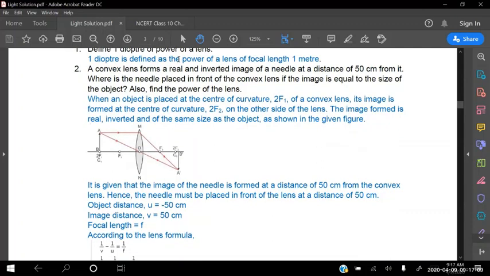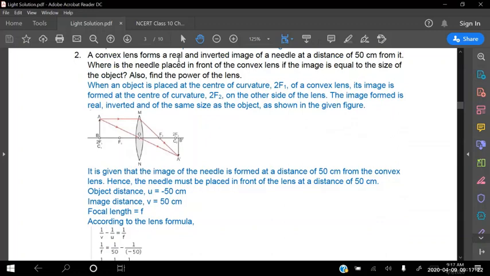So if you just see this question, the image is kept at 50 centimeter. That means 50 centimeter is the position at C, and you can see that case of C only. So what is drawn here, when an object is placed at the center of curvature, its image will be formed on 2f2. That means if you have a lens like this, left side will be used for the object, right side is where the image will be formed.